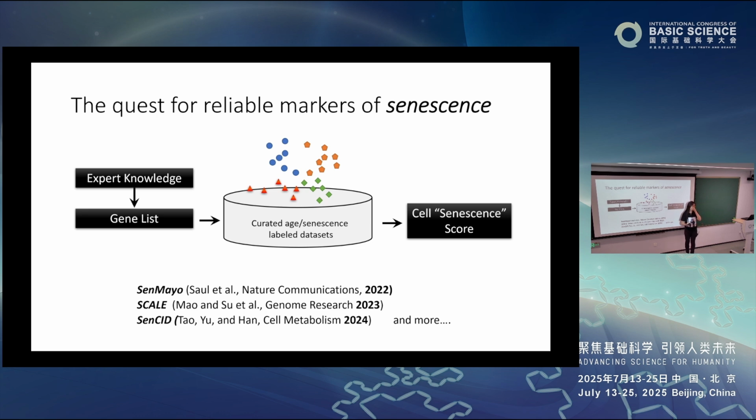They take, for example, blood from old people and young people, and old mice and young mice, labeled by organism age, and then see which genes predict that organism age. So there's a Y, which is the organism age, and they try to find genes that predict it. They get cell senescence scores based on these gene lists, but they don't really work.